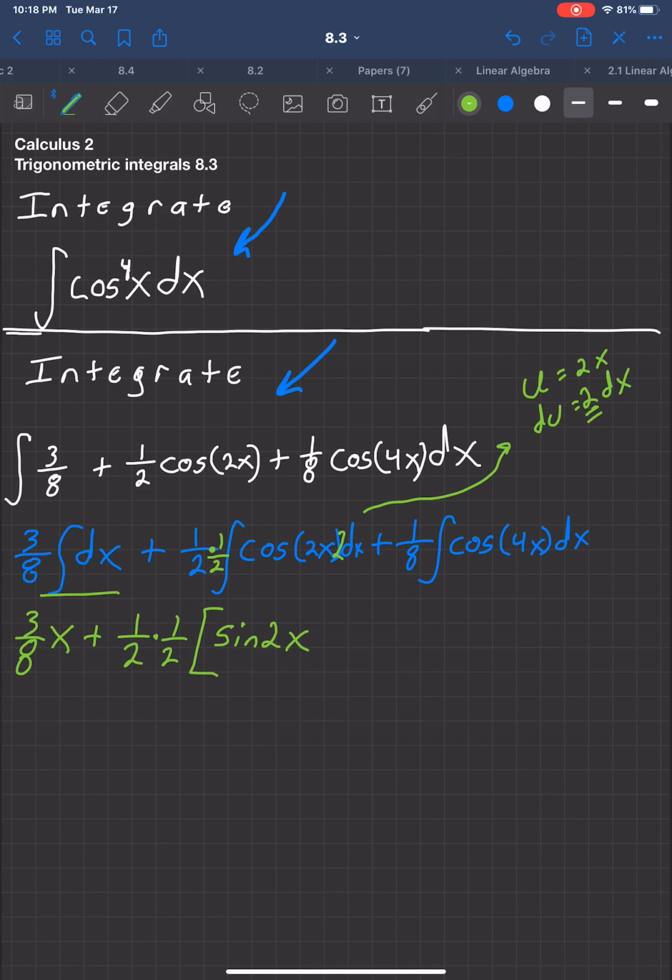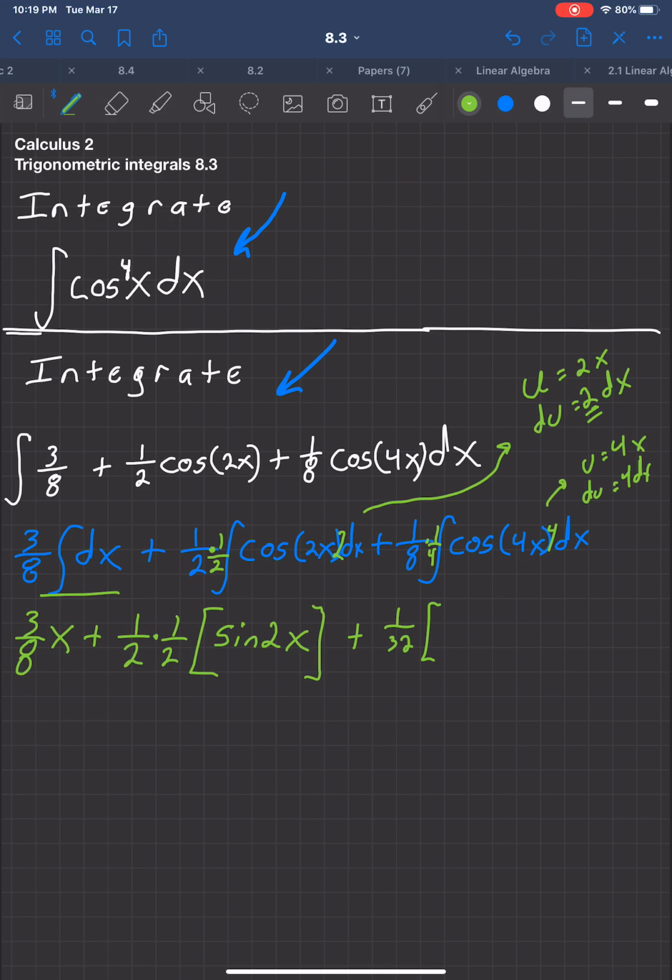The same applies here, except now u is 4x, du is 4 dx, which requires me to multiply by 4 here and compensate by multiplying by 1/4 here. Plus, that would be 1 over 32, and the game is the same.